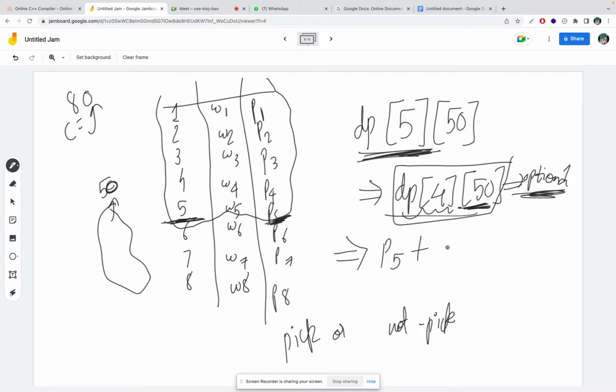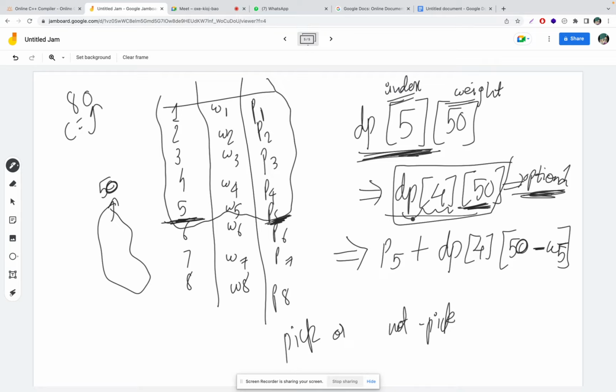And the rest of the answer would be DP4 of 50 minus W5, not P5. Wait, it's weight I will subtract. Sorry, this is weight, and this is the index of the item.